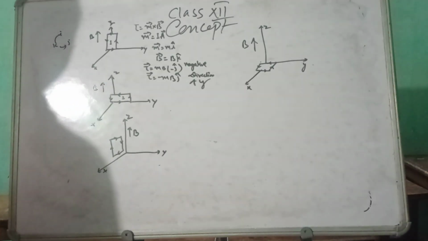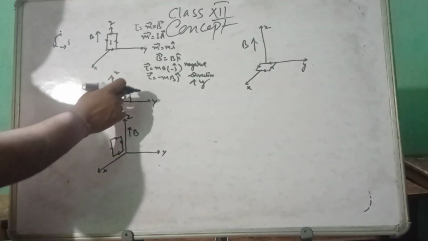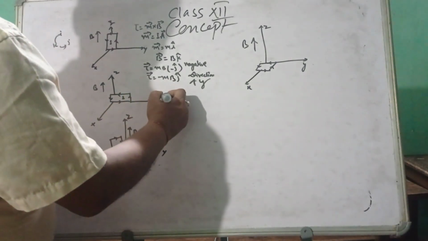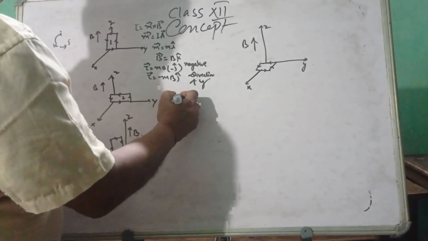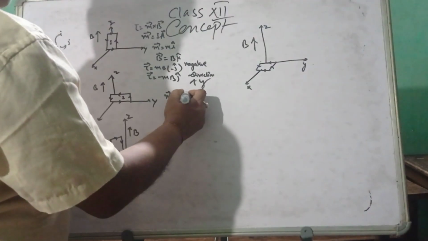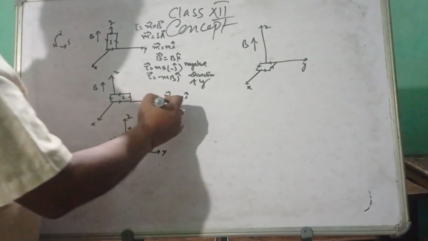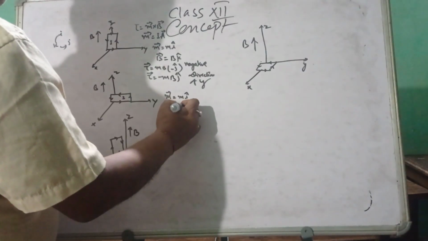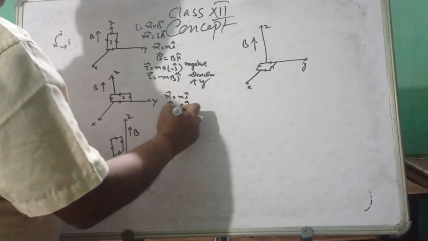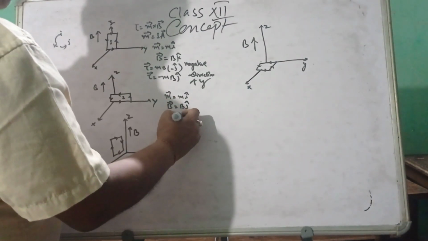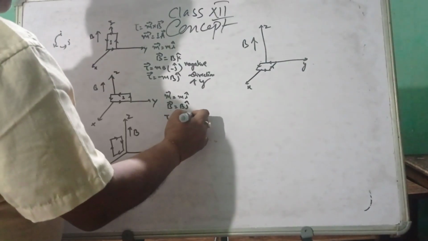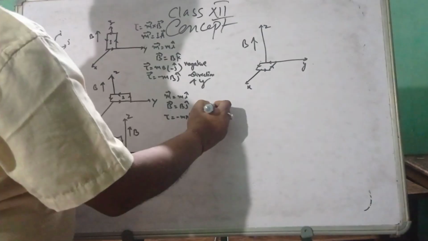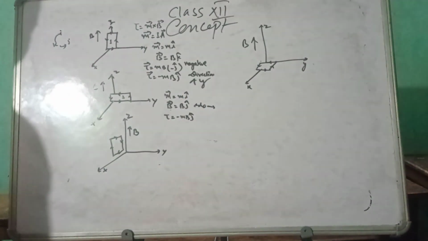Here again the same case: current is flowing in anti-clockwise direction, so M will be M I cap, and your magnetic field is B J cap. So your torque will be minus MB J cap, also in the negative direction of the y-axis.